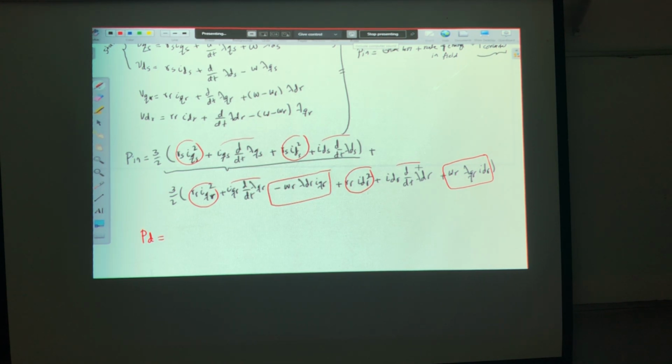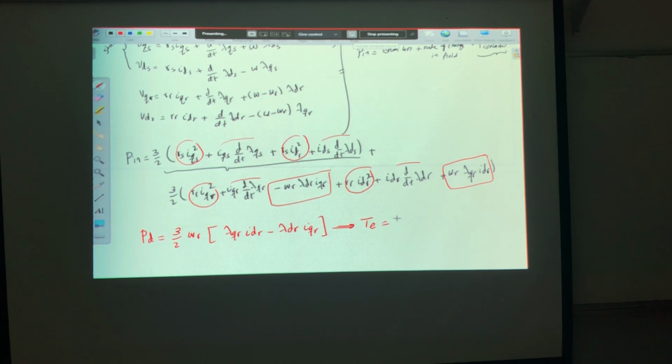It will never contribute to the output power. So the remaining term must be what? The converted power. So the power converted now will equal what? Who can give it to me? 3 over 2, omega r, lambda qr idr minus lambda dr iqr. Correct? Yes. Good.